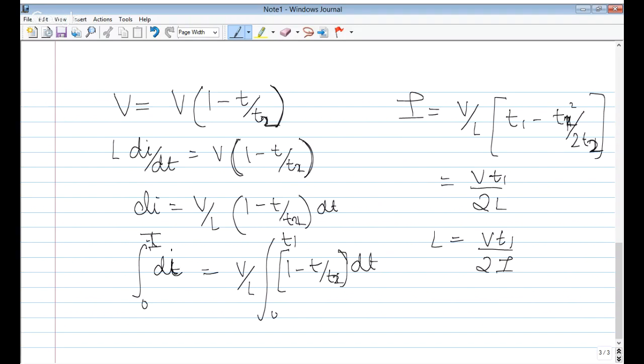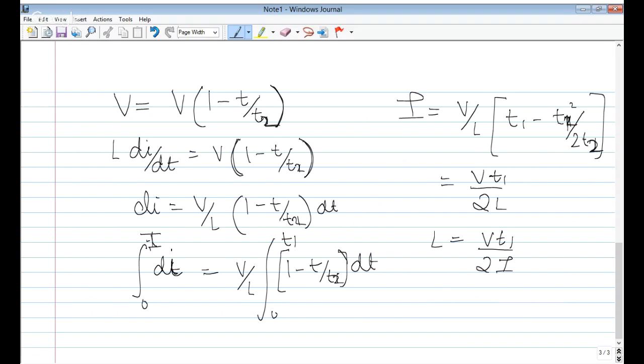Voltage is falling linearly, so this will be the voltage equation. The current must go from 0 to I in a time of T1, where T1 is actually given to us as less than T2. After that, the current becomes constant.